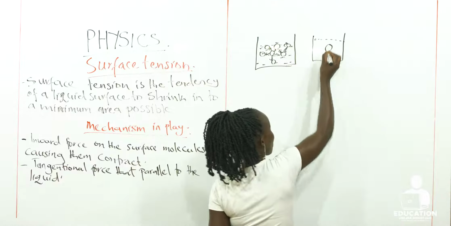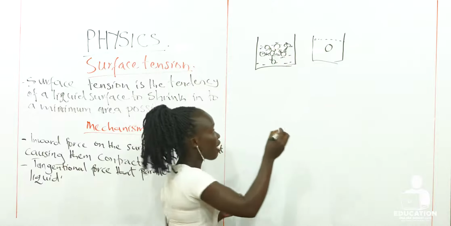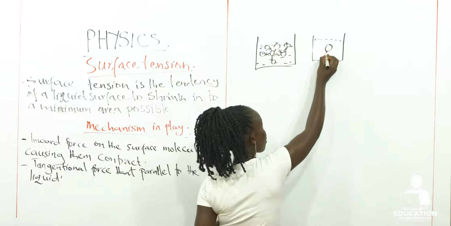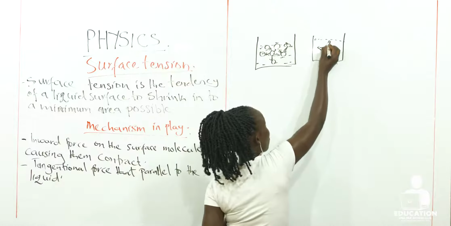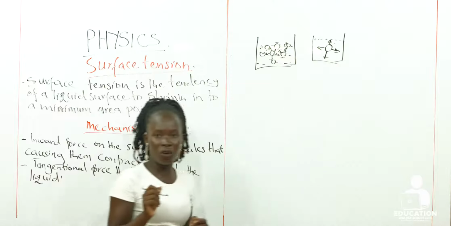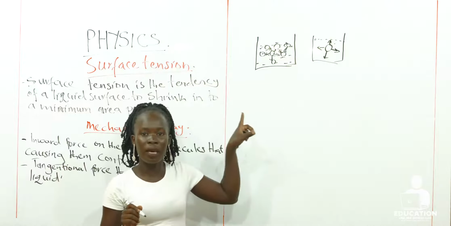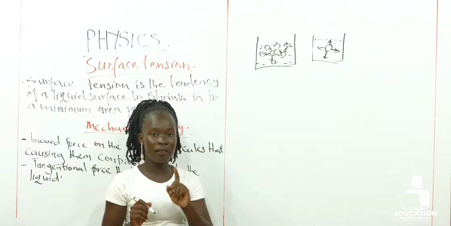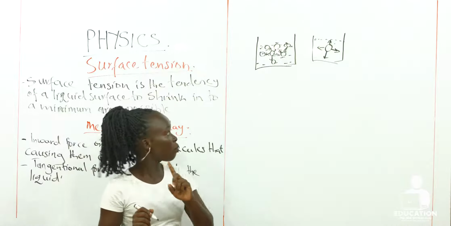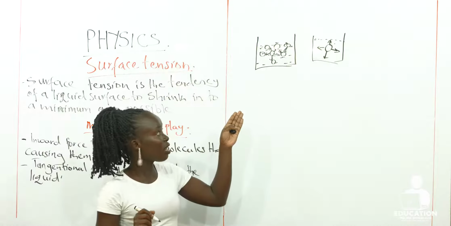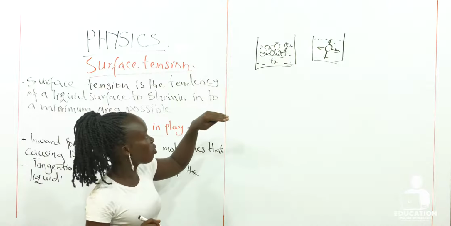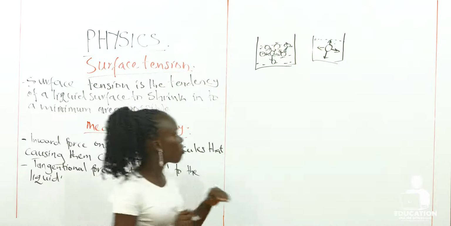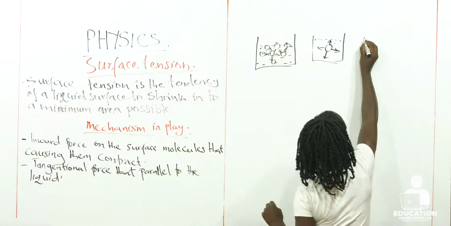If it is not on the surface, that means the forces of attraction all over it, in all directions, will be equal, so the resultant is 0. So what of the liquid molecule that is right at the surface? Let's look at this.